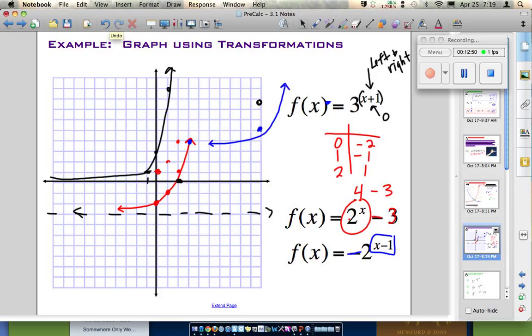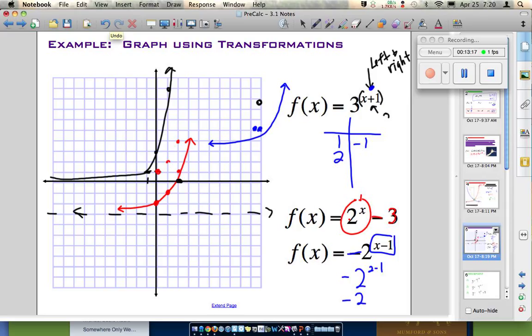A couple of key points we could plug in again. We can still plug in our key points like 1 for x, because that makes the exponent 0, and we would get -1. And if I plugged in the number 2, I'd get negative, and then I'd have 2 minus 1, which would make it a power of 1.